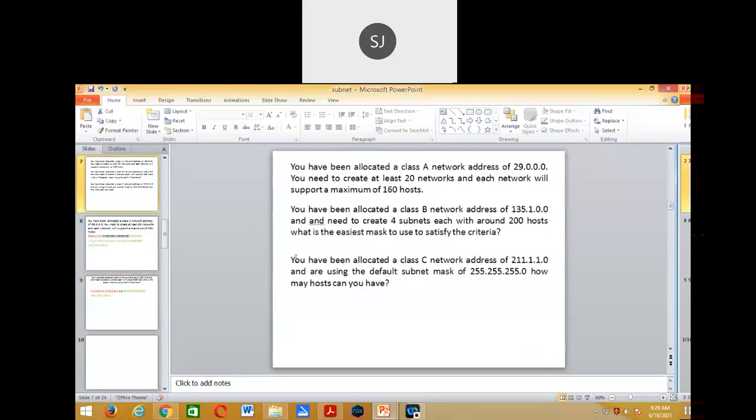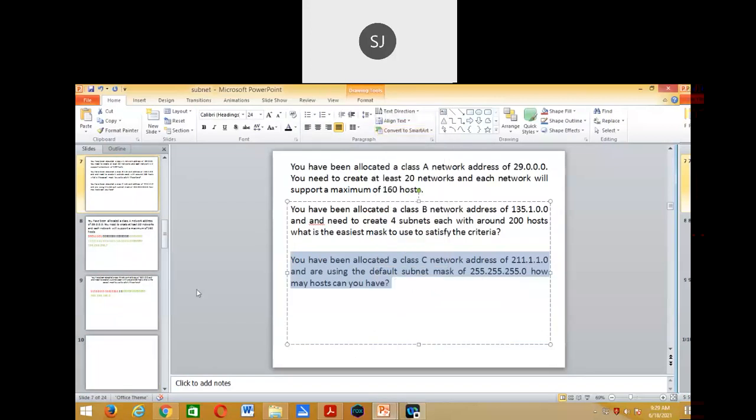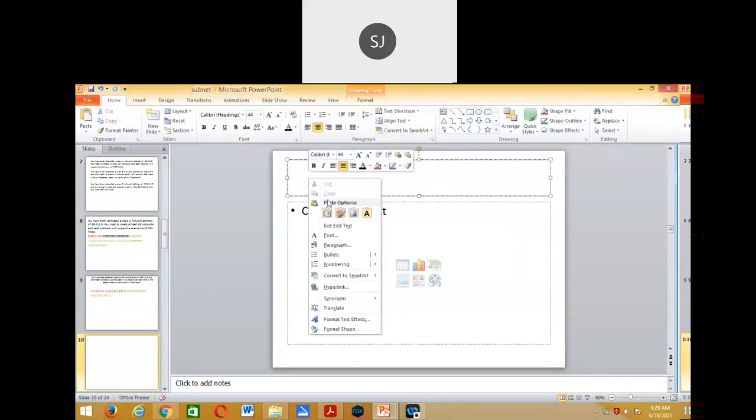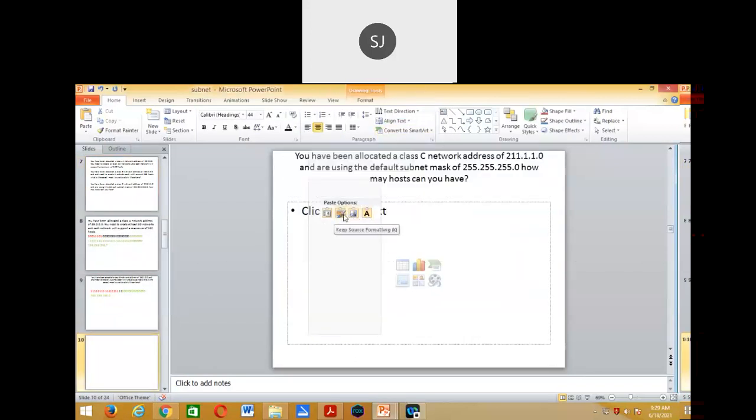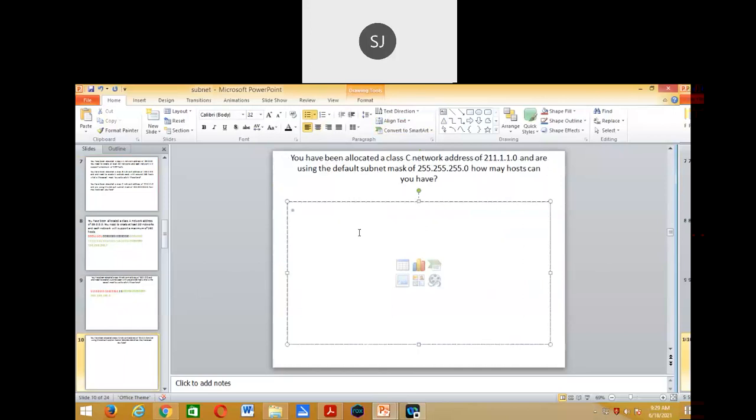See this one. You have been allocated a class C network address of 211.1.1.0 and are using the default subnet mask 255.255.255.0.